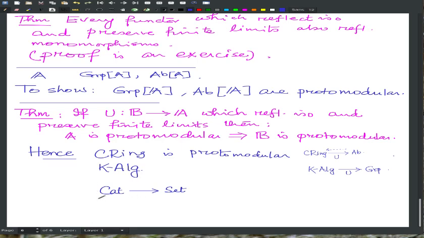So you just forget, you just take the vertices, the set of objects, and you put the discrete structure. Okay? But set is not protomodular. This is the issue. Okay? Think of another.